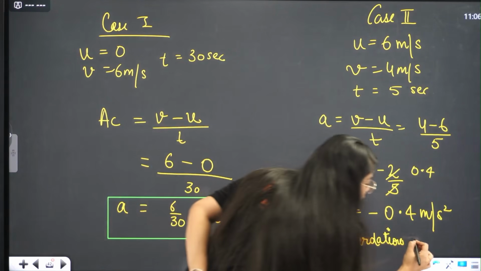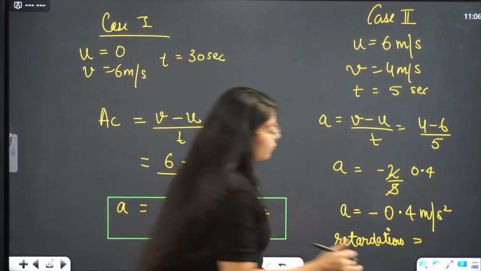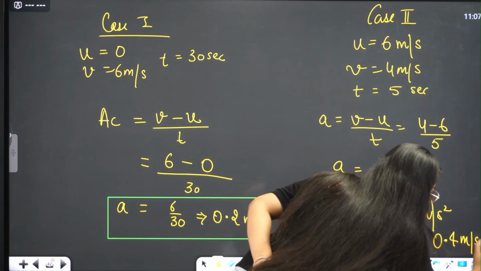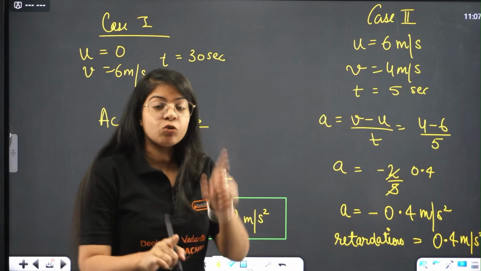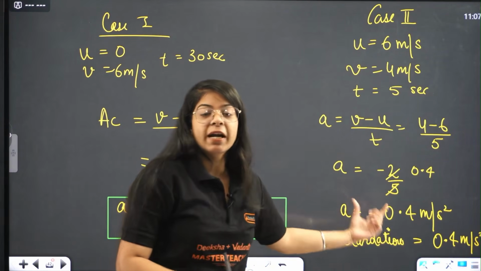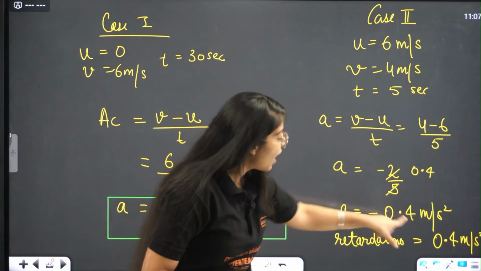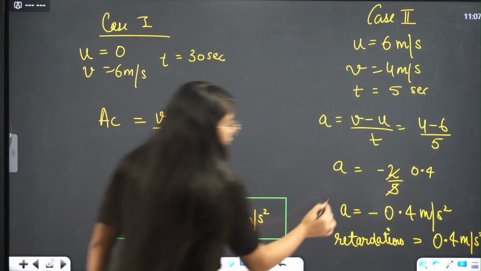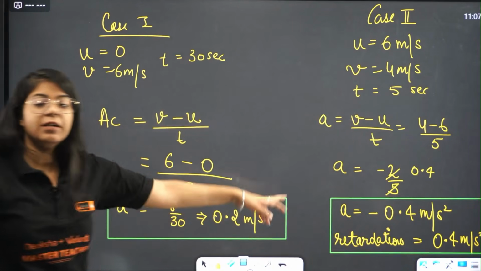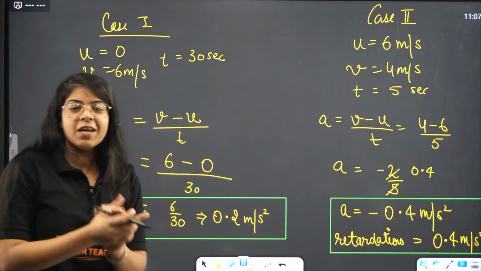If you don't want to write minus 0.4, if you just write 0.4 meter per second square, then also it will be true, but a very important point: then you have to write retardation. If you are writing acceleration a, then you have to put a negative sign in front of your final value. Okay, understood? So these two are your answers to this very important question.